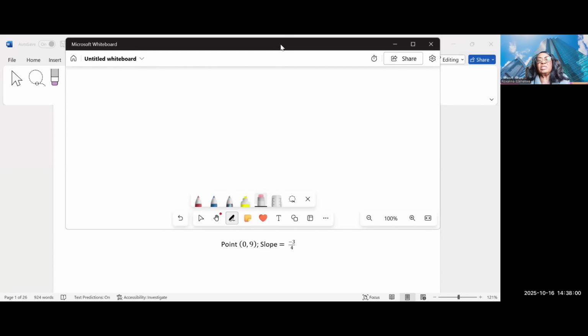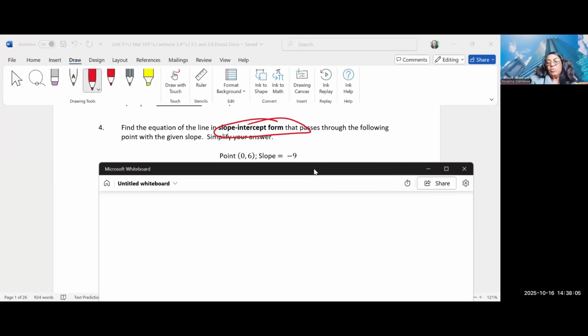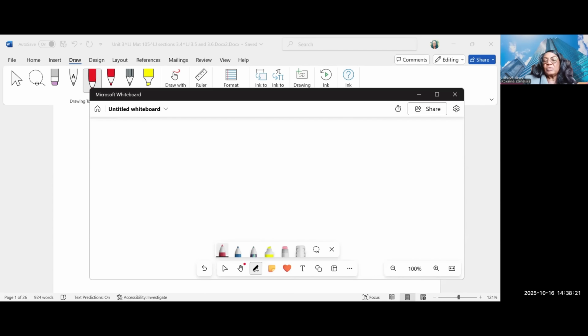So what I'm looking for is to write that equation in such a way that it is y equal to slope times x plus intercept. All right, so I have a point and the slope. I'm given the point and I'm given the slope.